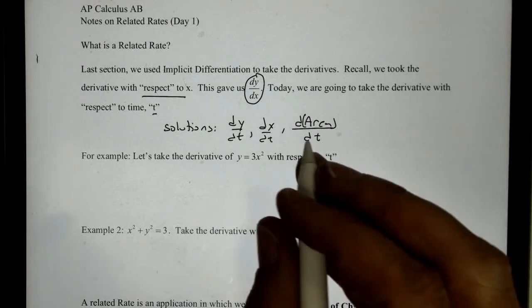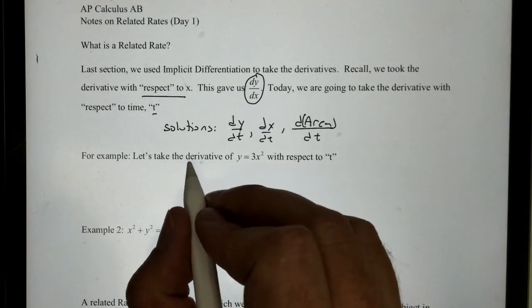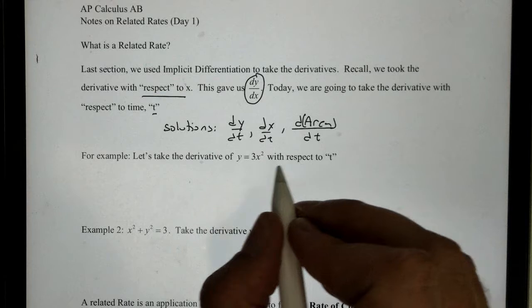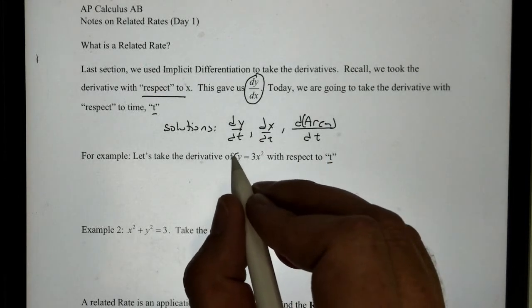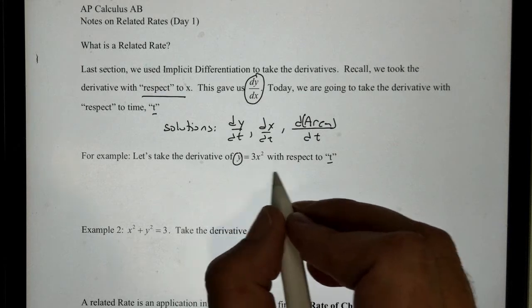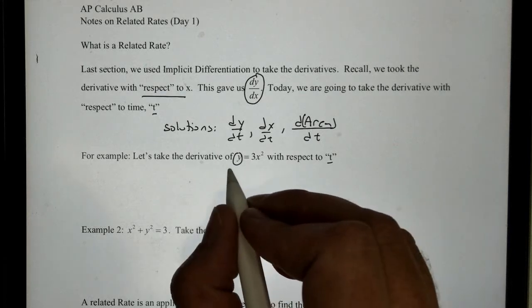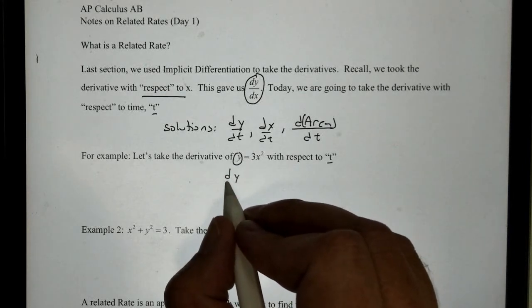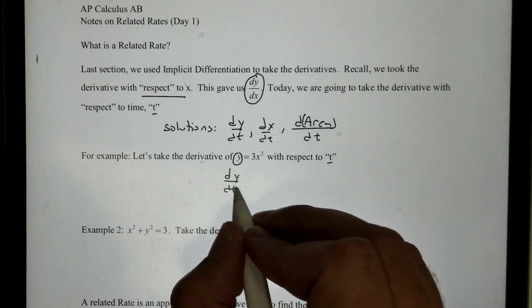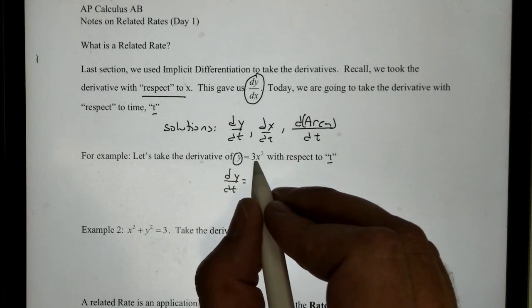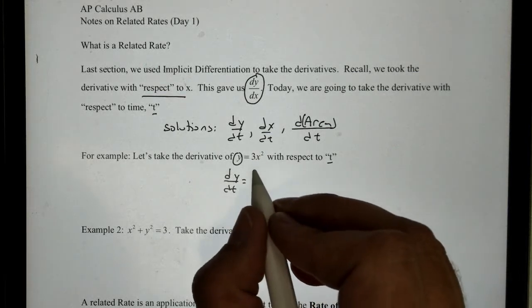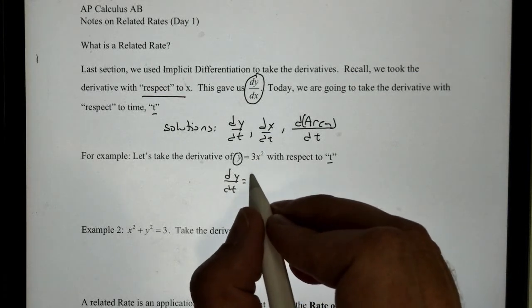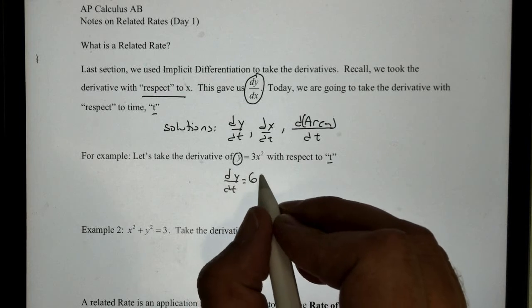So for example, let's take the derivative of this parabola with respect to t. Well, to take the derivative of y with respect to t, this is just going to be dy dt. To take the derivative of 3x squared with respect to t, now this gets a little bit trickier. We're going to get 6x.